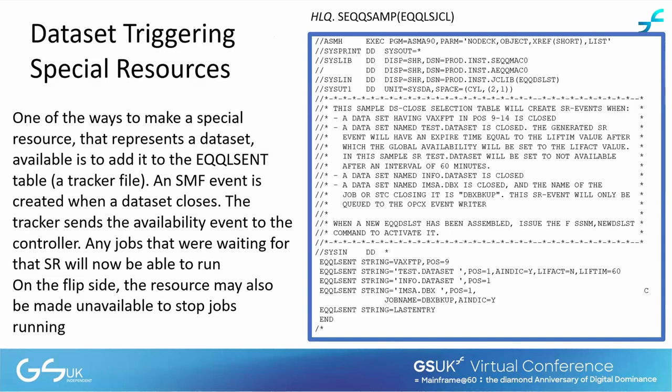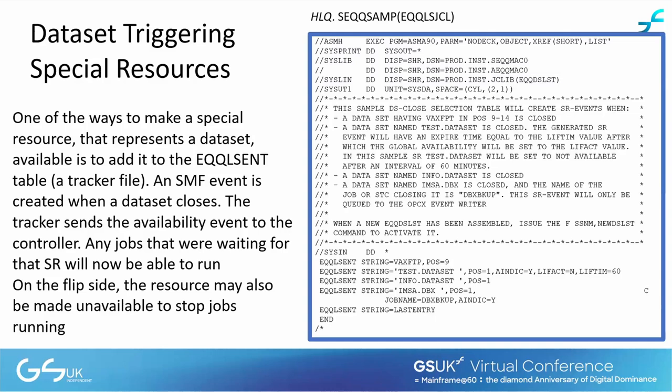Okay. And you can say what should be about that special resource. So here we're saying that the resource that matches this dataset name will be made available. It doesn't have any lifetime activity on it. And if it did, it would be 60 minutes. That's a bit strange.